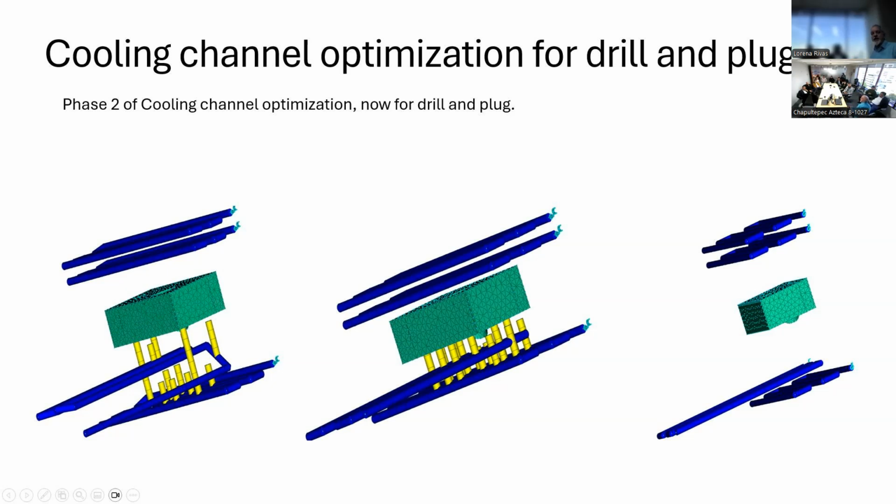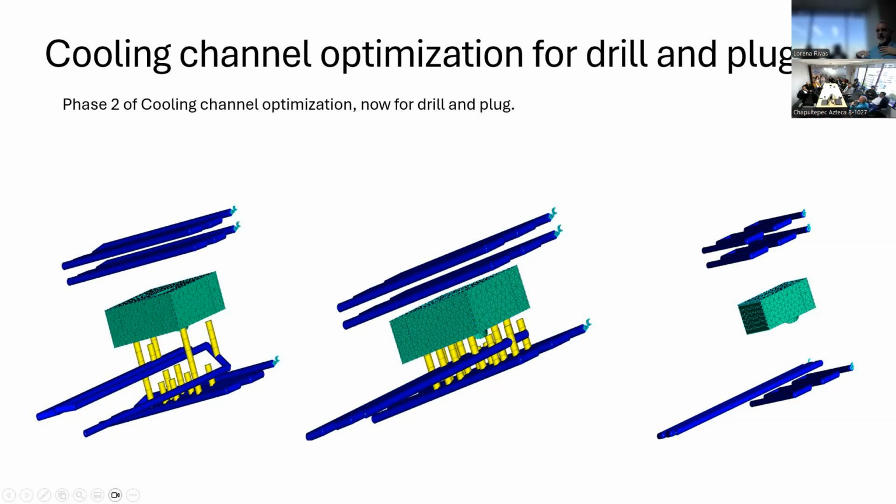Another thing we're working on right now: in the 2025 release we had the cooling channel optimization, but it was really aimed at conformal cooling or 3D printed mold cores. In the new release, you guys haven't seen this yet. No. We are aiming for a drill and plug analysis.